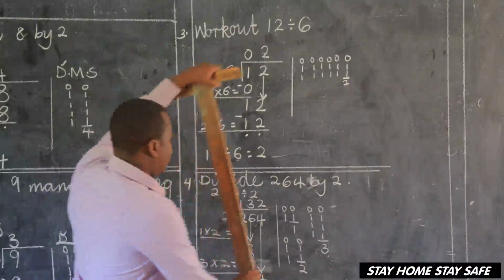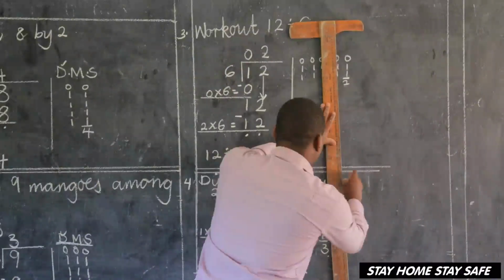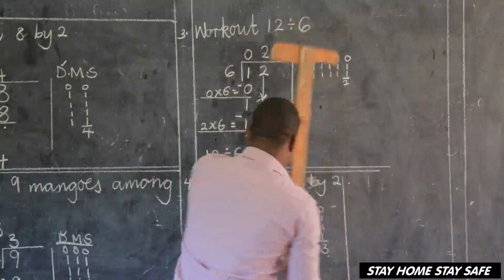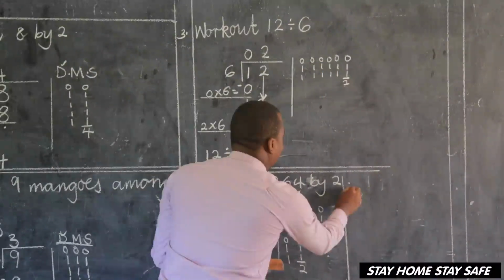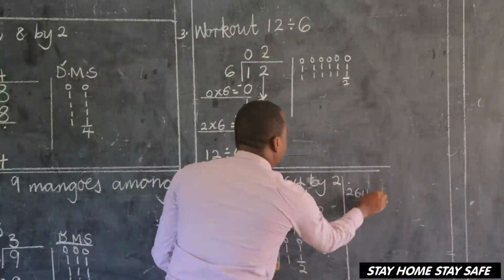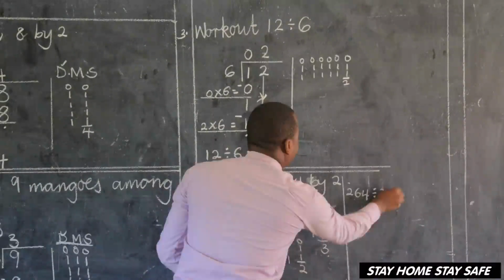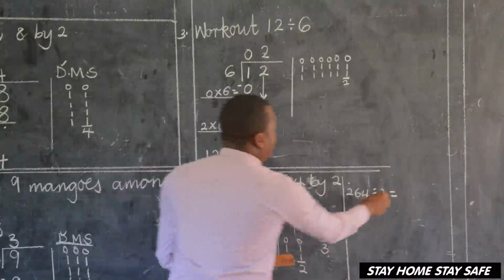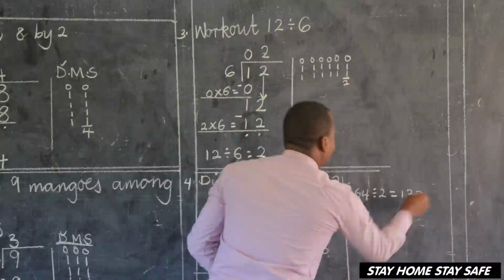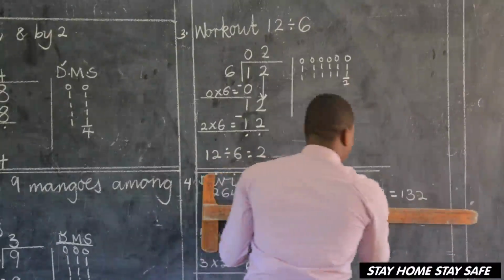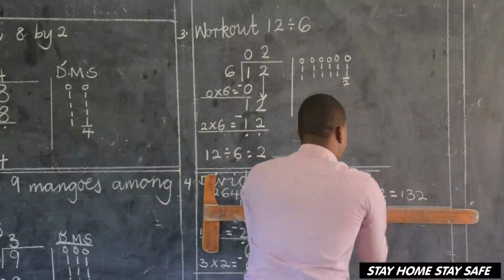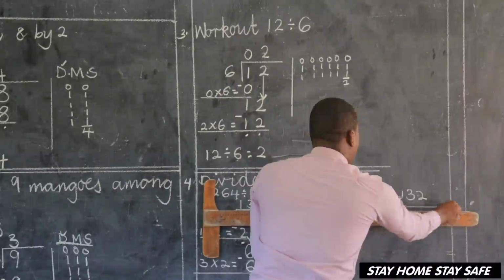So you will come down and say 264 divided by 2 equals 132. And then smartly underline your work.